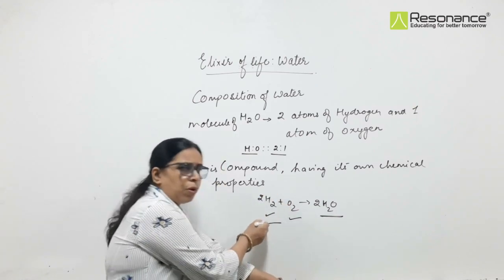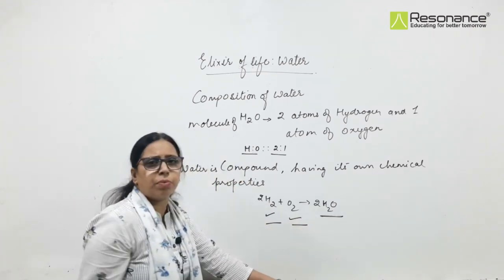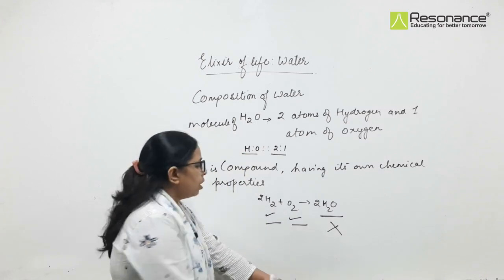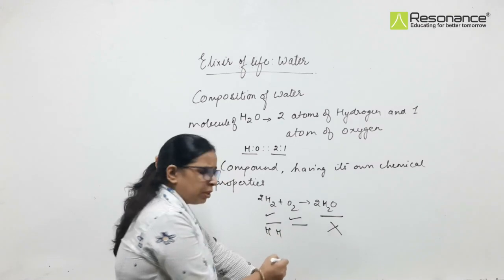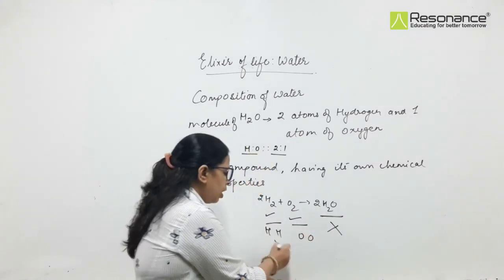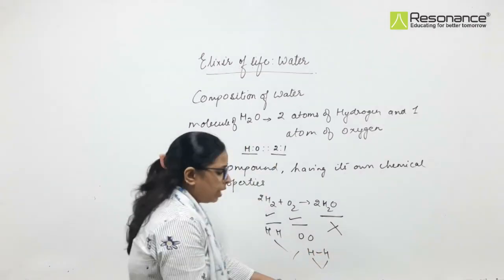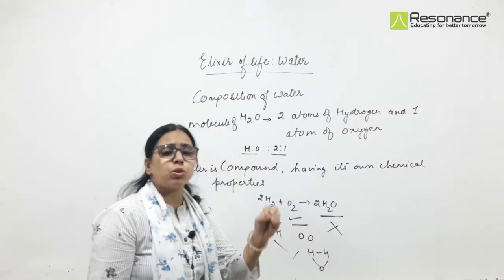Whatever properties are exhibited by hydrogen or oxygen, none of them are present in water. They break down into simple atoms, and on reuniting in the form of water, H2O, they form a new compound. This new compound has its own property.